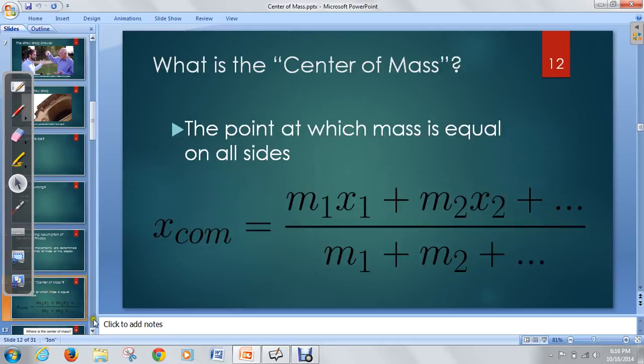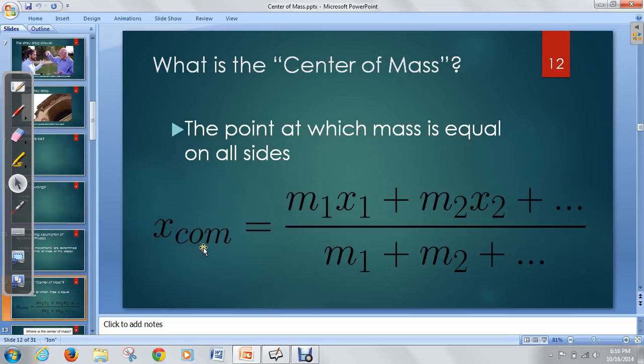Okay, so here's the definition of center of mass. You may already have a good idea of it, but the true definition is the point at which mass is equal on all sides of that object. You don't need to have this equation memorized, but it's good to have the conceptual understanding.